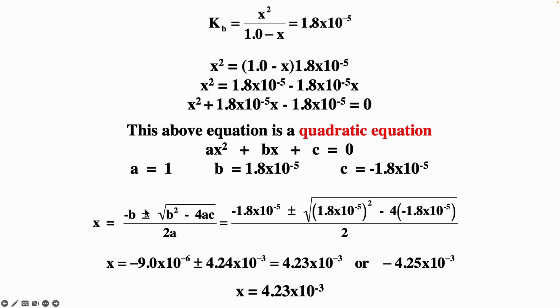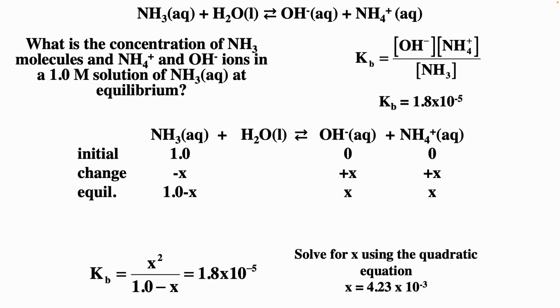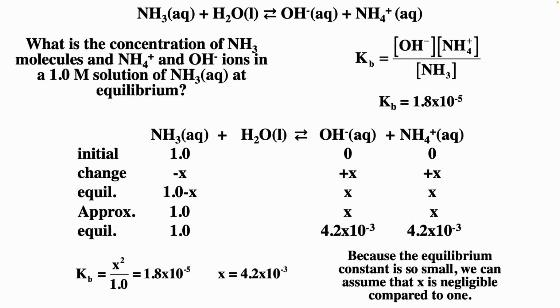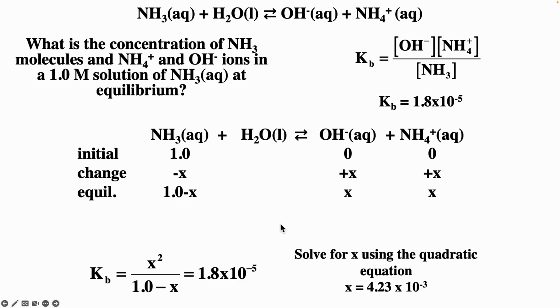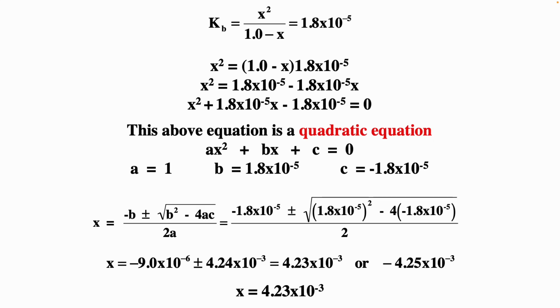Plus or minus means we have 2 values. One is going to be possible, one is not. And so we end up with 4.23 times 10 to the minus 3. Now when we did the approximation, we got 4.2 times 10 to the minus 3. And so our approximation value was consistent with the value from the quadratic equation.